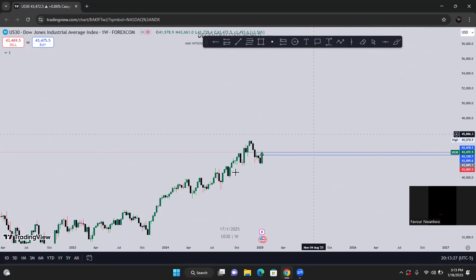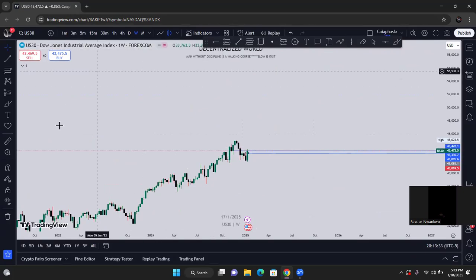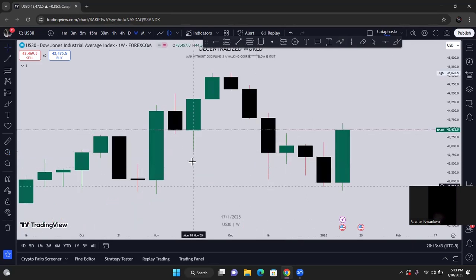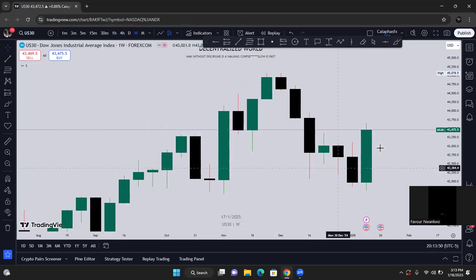Let me clean everything first. This price action here, this candle here, was the current week, this week that we just traded, right?